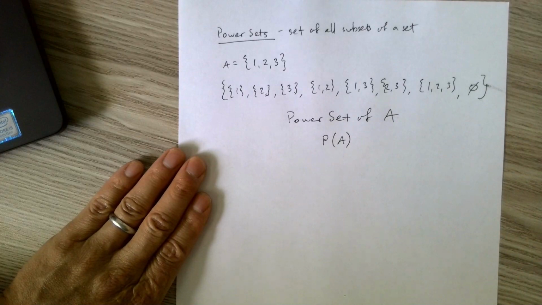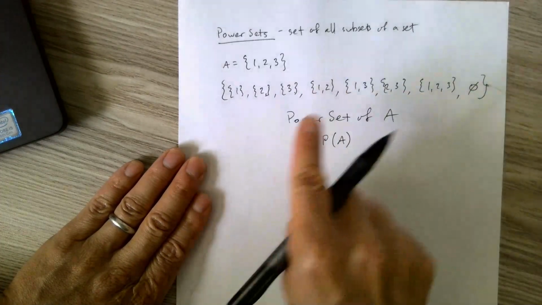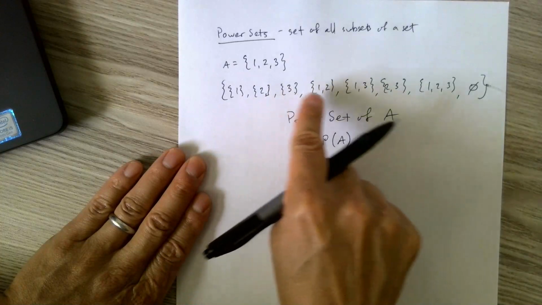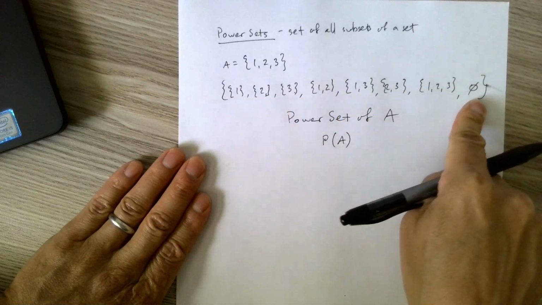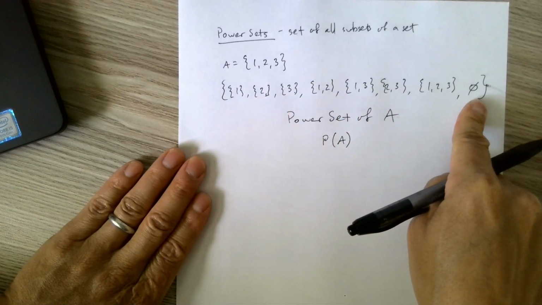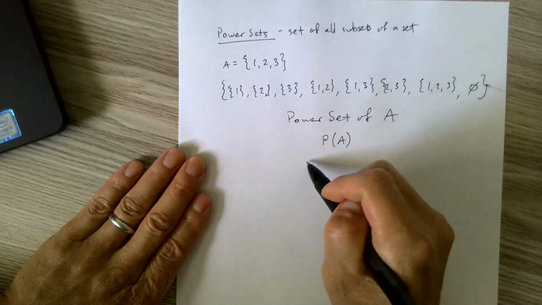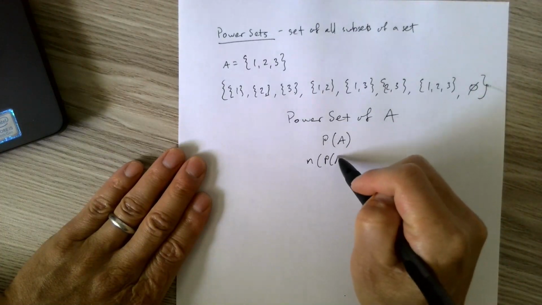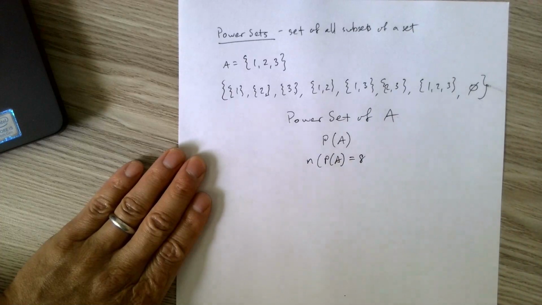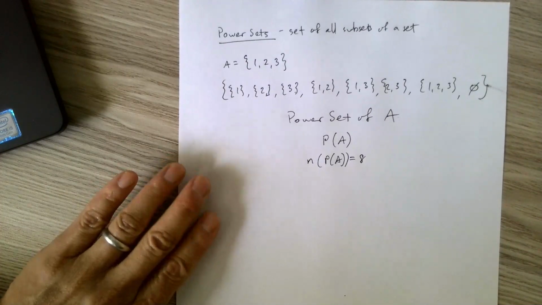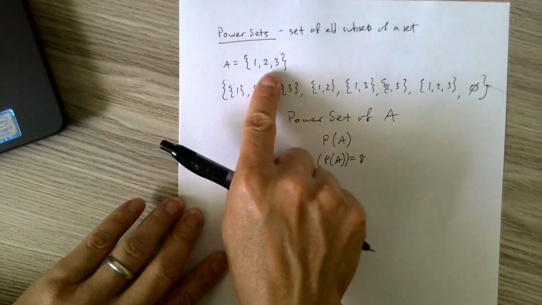That's how you write the power set of A, P of A. Now, notice that I have 1, 2, 3, 4, 5, 6, 7, 8 members of this power set. So the cardinality of the power set of A is 8. So there are 8 subsets of a set that has 3 elements.